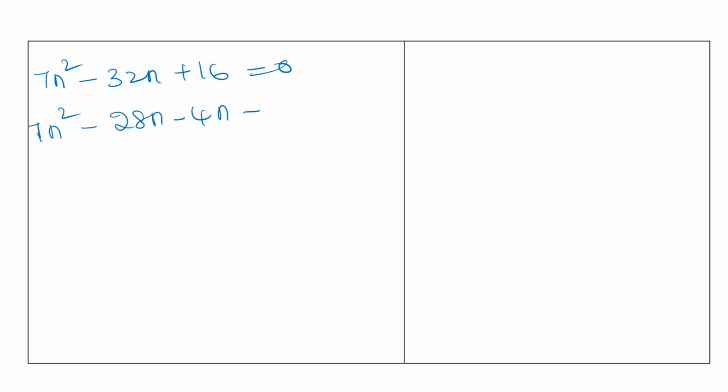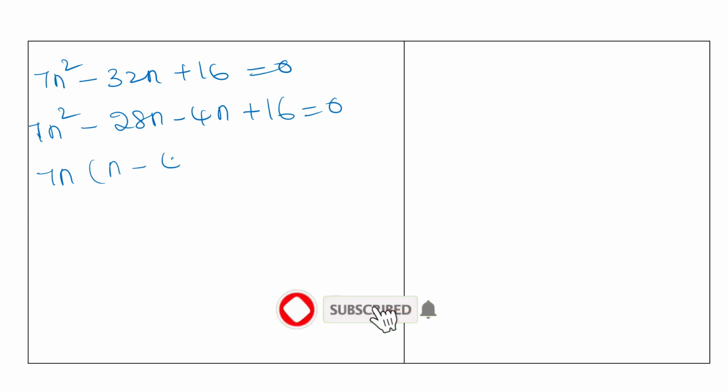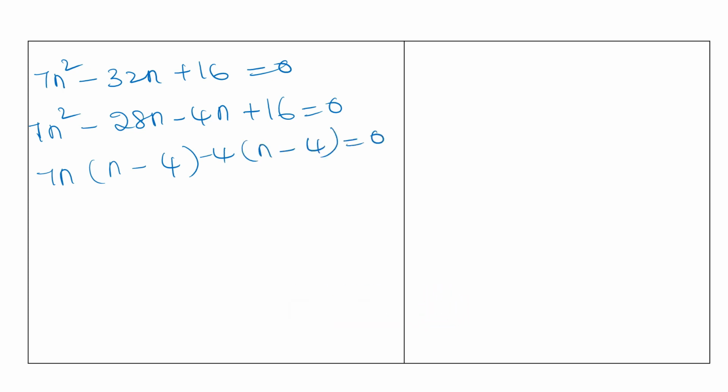So 7n square minus 28n minus 4n plus 16 is equal to 0. So 7n taking common, n minus 4, 7 4s are 28. Here minus 4 is taking common, 4 4s are 16, n minus 4.